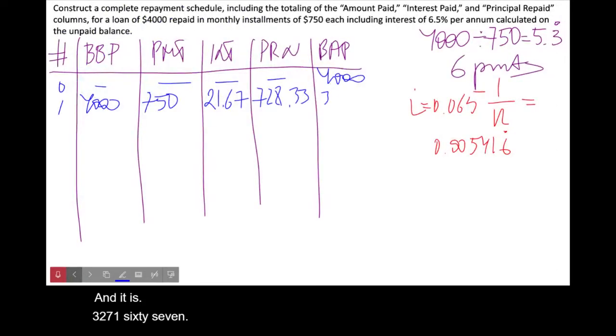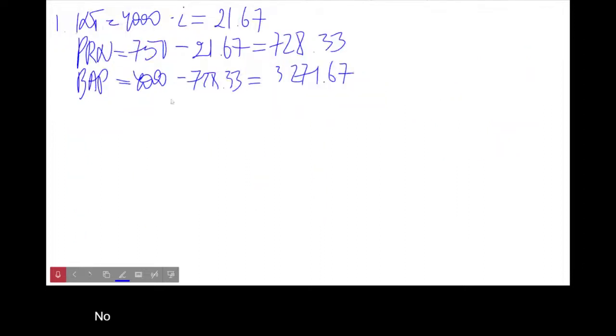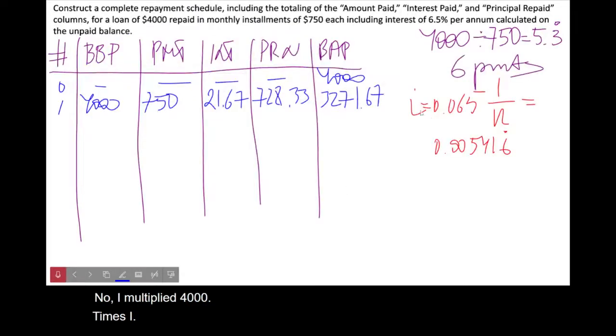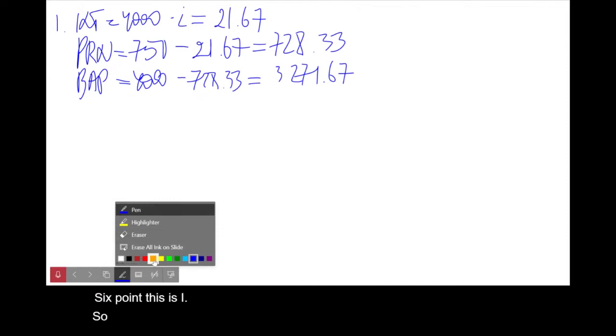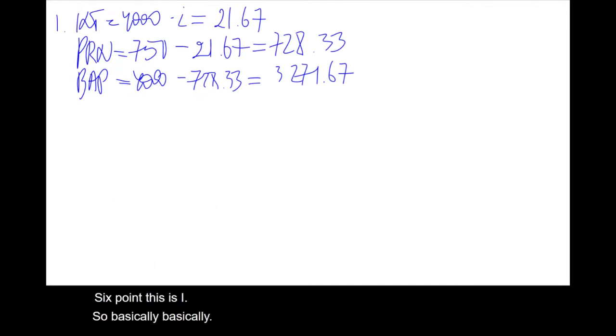Sorry, so wait, how did you get 21.67? You multiplied 750? No, I multiplied 4,000 times I. What's I? 6.5? No, this is I. Oh, right, 1 over 12. Okay, that's why. Okay, thank you. So basically, you do here the formula I is PRT, right?